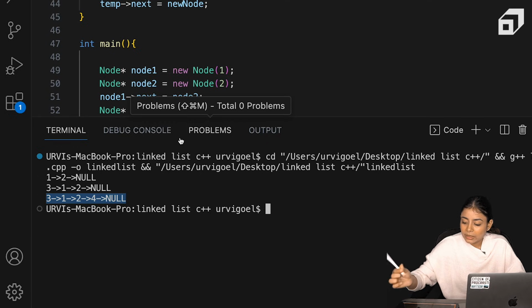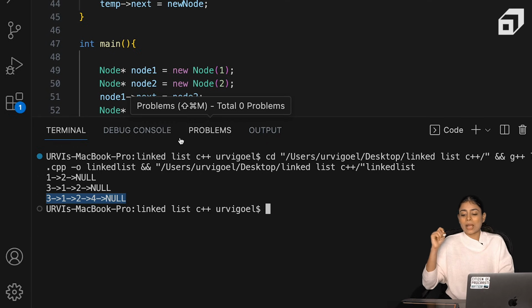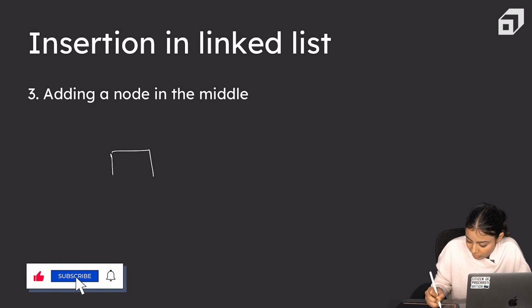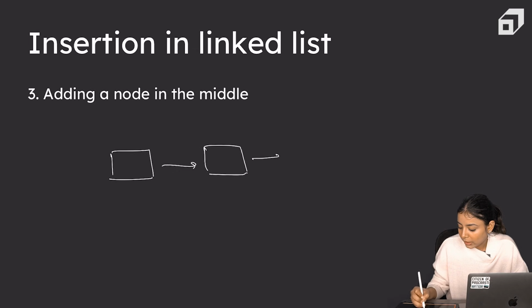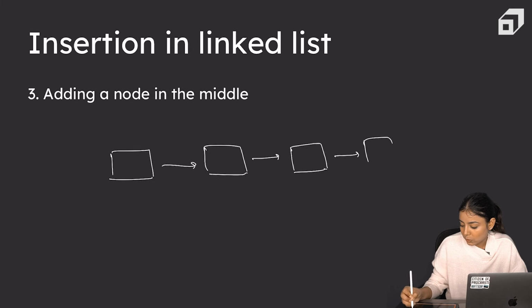And finally, now let's see what I'll do to insert a node in the middle of my linked list. So we saw start and end, but what if I need to add an element at some position that is given to me in the middle of my linked list?